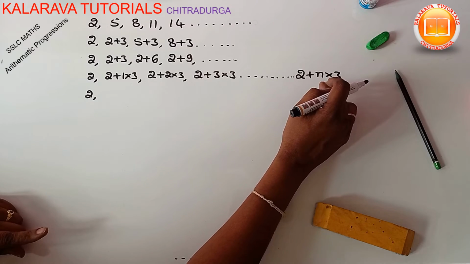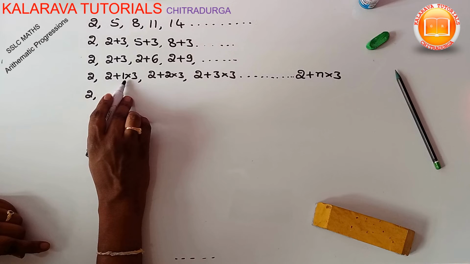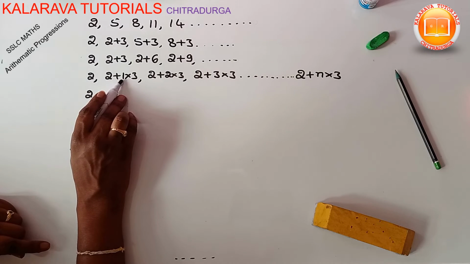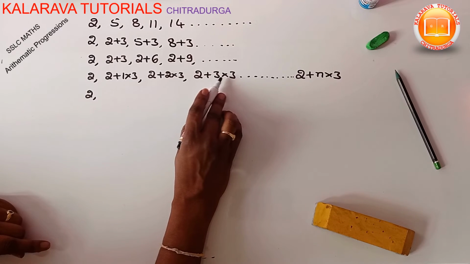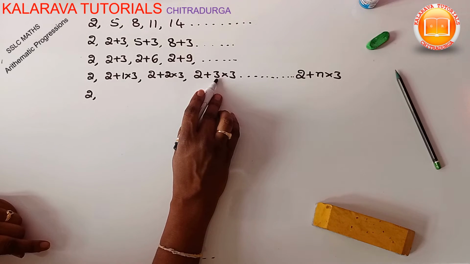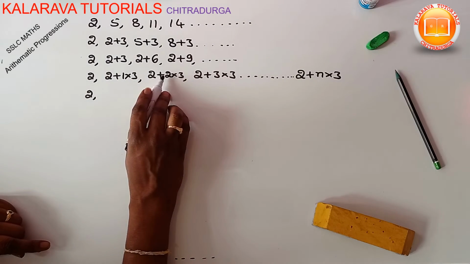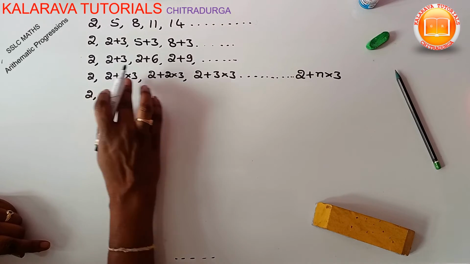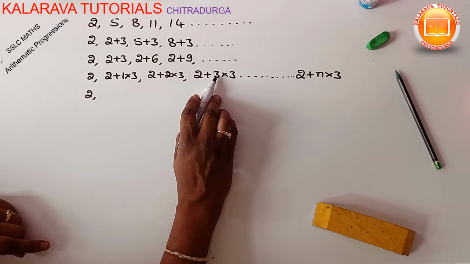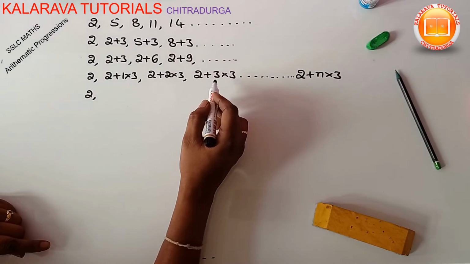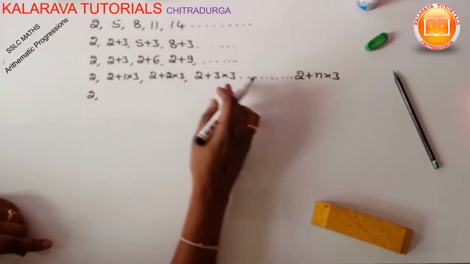Is it correct? But observe: for the second term we add 1 time, for the third term 2 times, for the fourth term 3 times. That means one less than the term number.